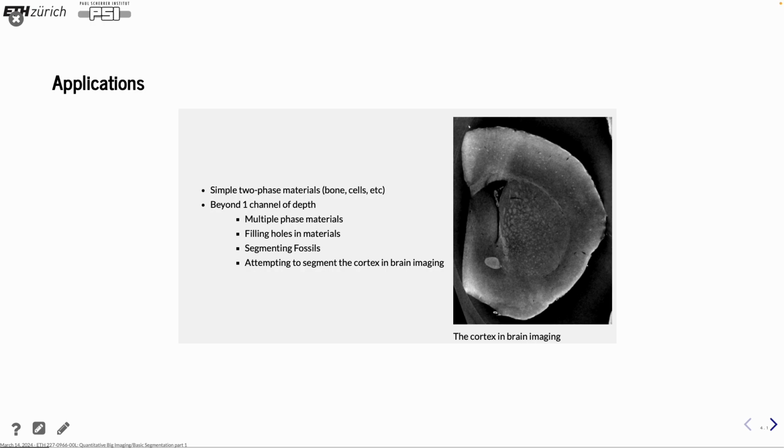So here, looking at the cortex in the brain imaging, it's very hard to actually identify it. The physician can certainly identify where this region is, but telling it from the intensity information alone may not be that easy. It's just maybe subtle changes in gray levels, or even just regional or structural information that is needed to find it.